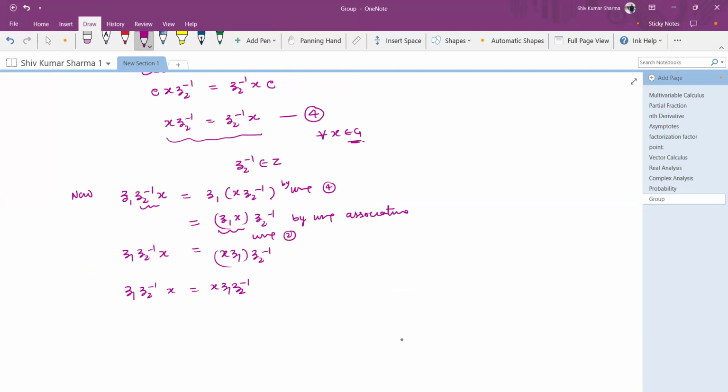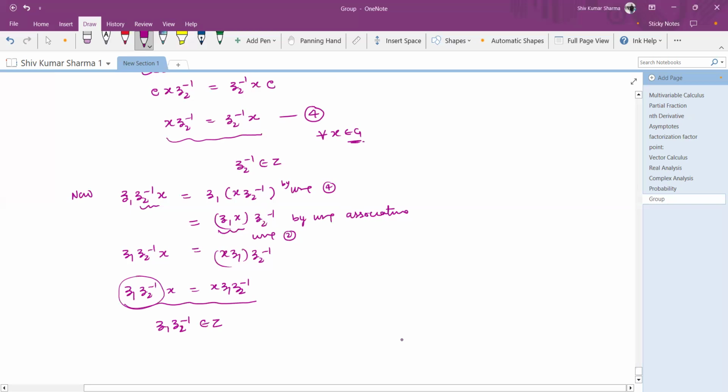So that means we can say that z1 into z2 inverse belongs to Z, by using the definition of centralizer.